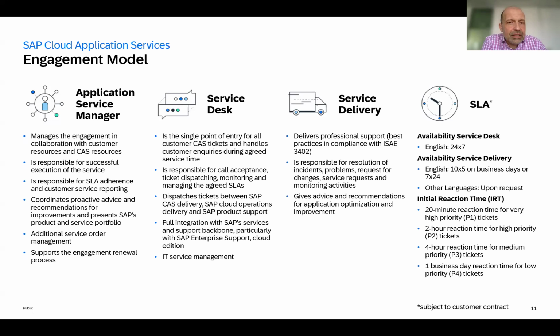And we, of course, adhere to the IT service management procedures, which are generally available. And then, of course, when we take over such a ticket where you request some change or some improvement, we have the subject matter experts sitting in our service delivery units.